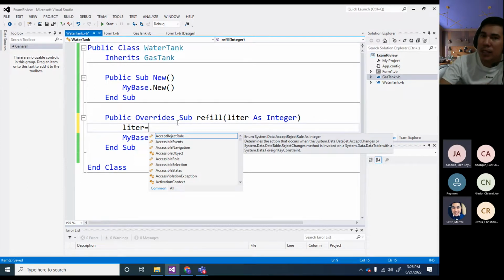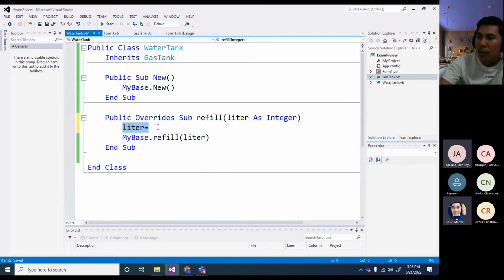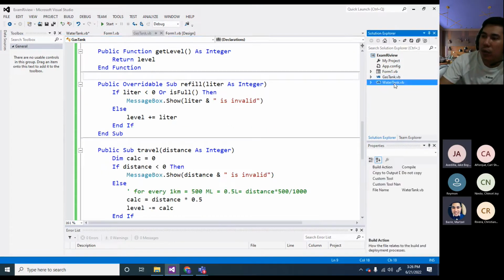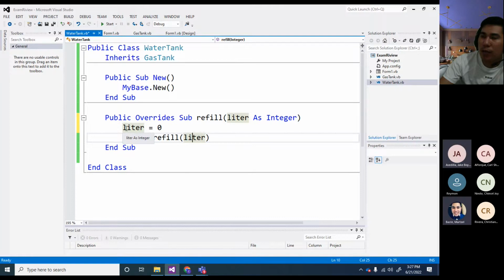It means the logic you put in refill of water tank will be independent of what you do in gas tank. Meaning water tank doesn't care what you do in refill, whether you zero it and then pass it, it doesn't care. But of course, the connection or relationship remains.